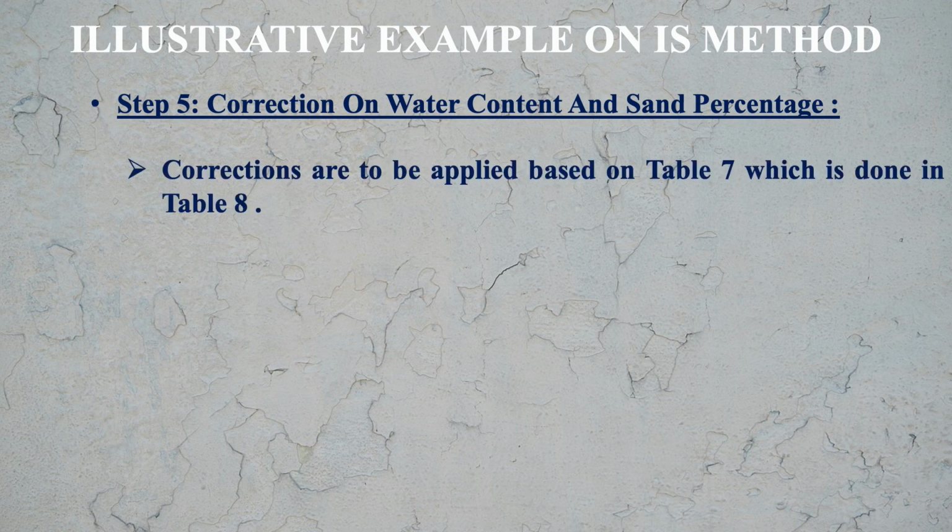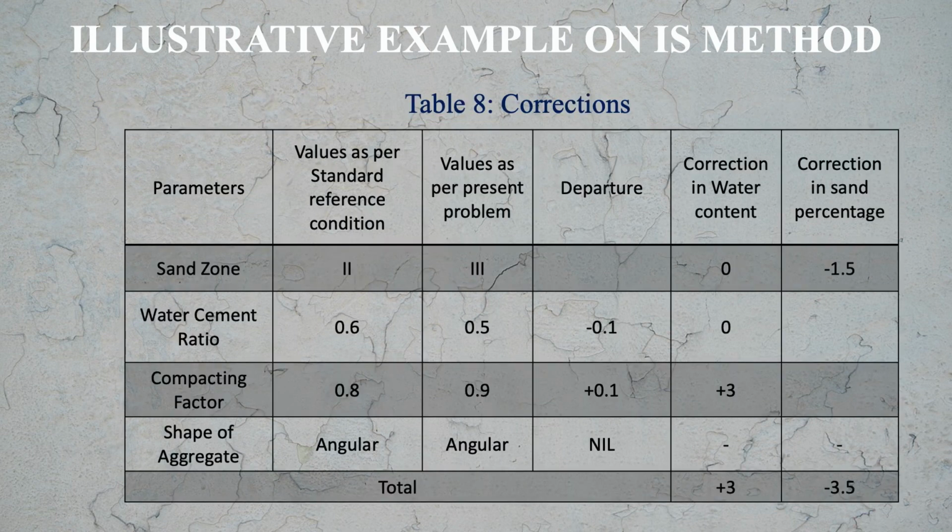The corrections are to be applied based on table 7, which is represented here in table 8. So you see table 7, and based on this table 7 we are preparing this table 8, where we are reporting the corrections.